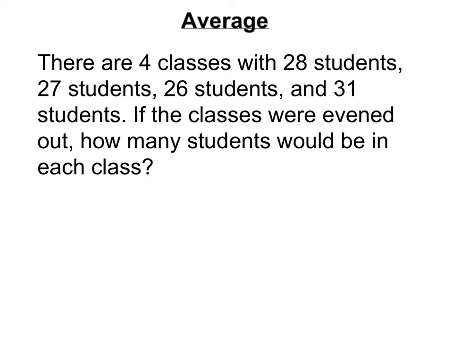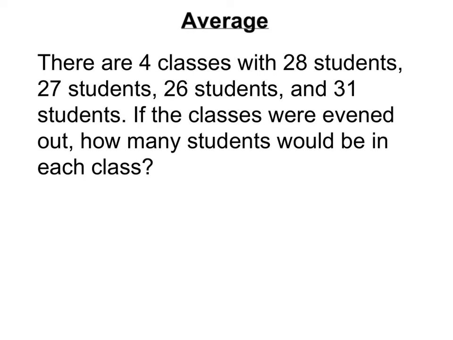There are 4 classes with 28 students, 27 students, 26 students, and 31 students. If the classes were evened out, how many students would be in each class? Well, this problem is basically asking us to find the average of the 4 classes.